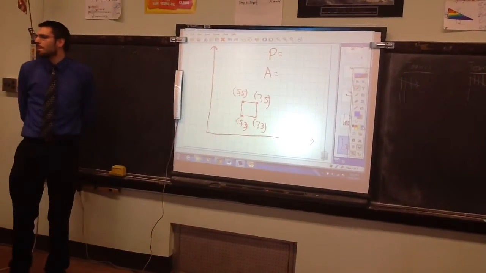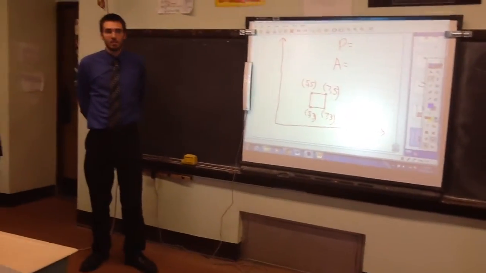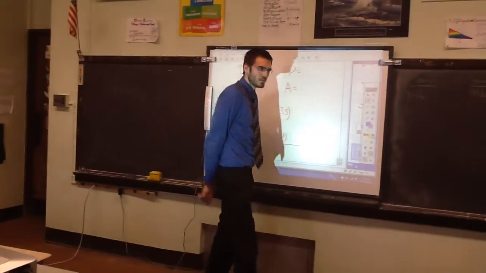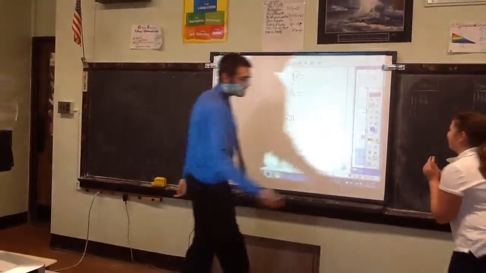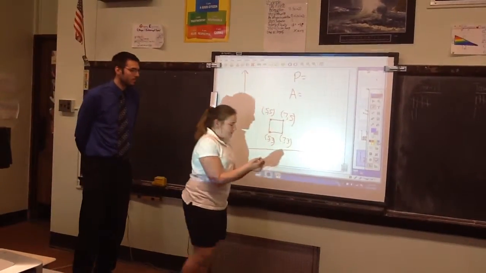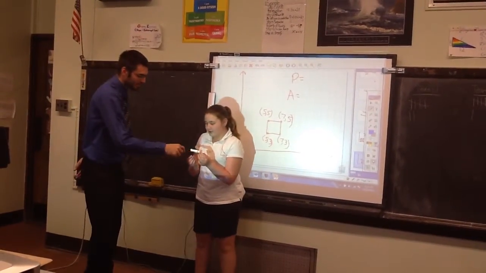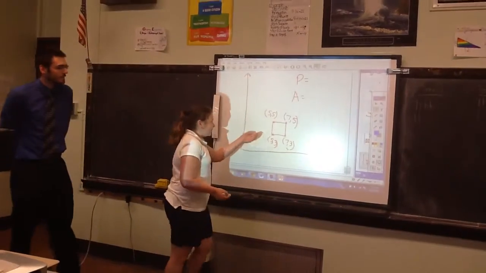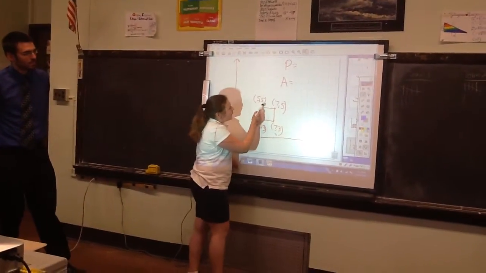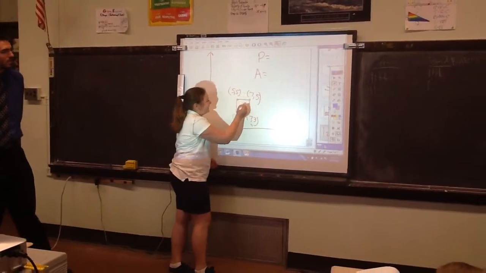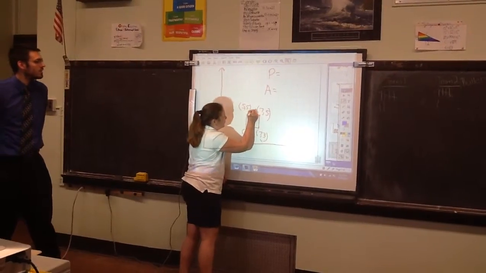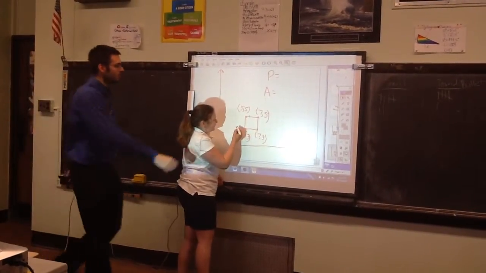All right, so can I have a tally? Come to the board. Which side do I write it? All right, so first I did the perimeter. The others said one square. One square.